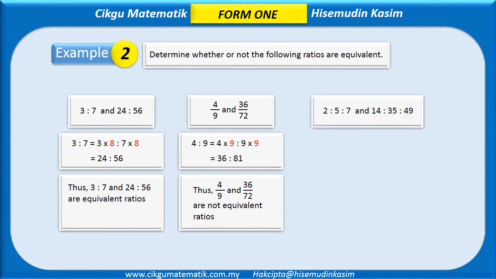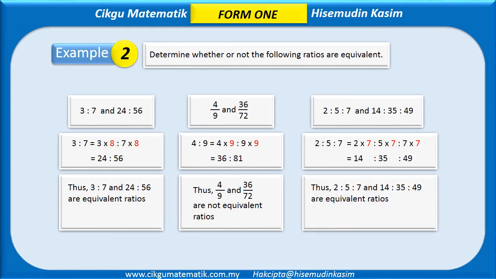The ratio of 2 to 5 to 7 and the ratio of 14 to 35 to 49. The ratio of 2 to 5 to 7 equals 2 times 7 to 5 times 7 to 7 times 7, equals the ratio of 14 to 35 to 49.